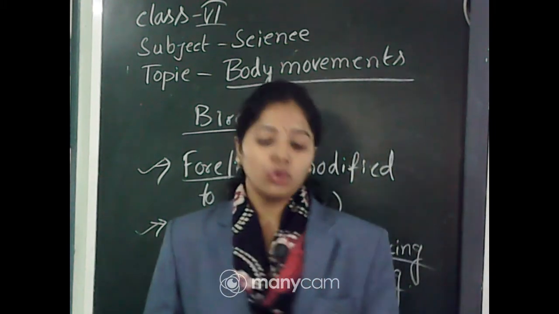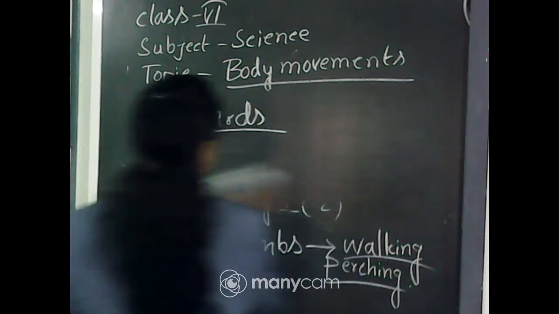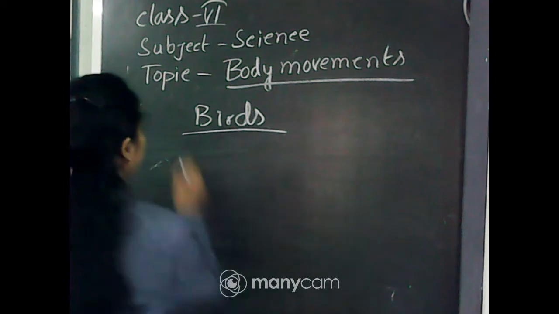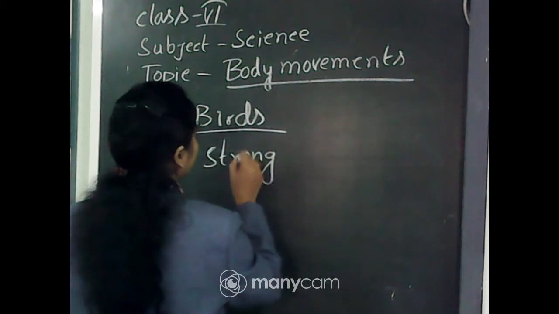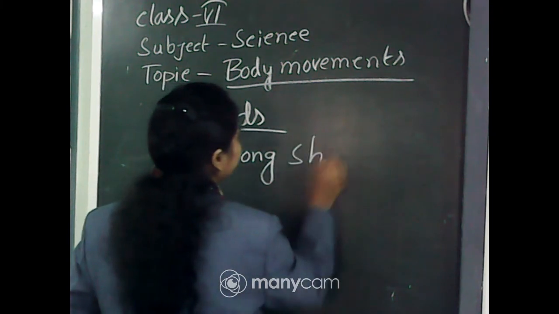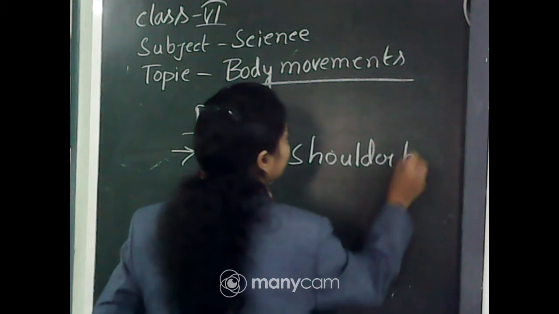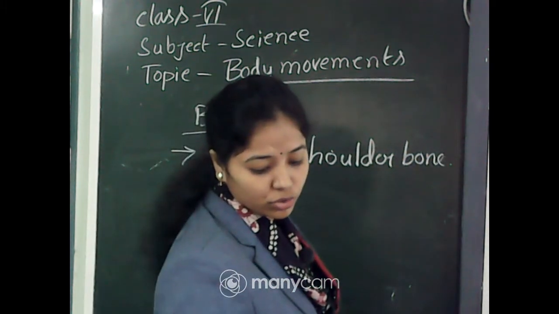So I have to write two more functions. You can write, they have a strong shoulder bone.